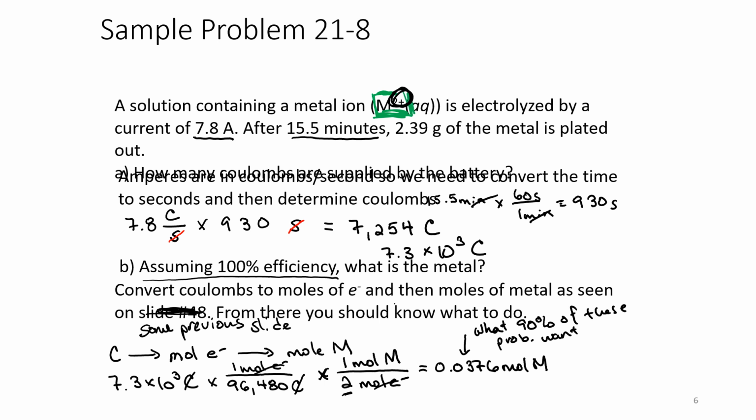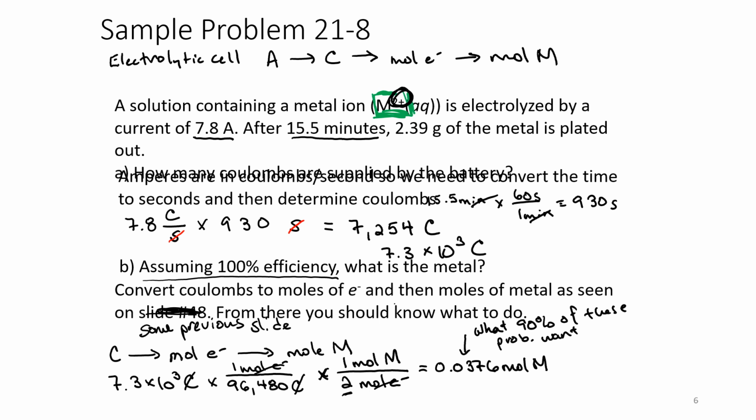All right, so when you have an electrolytic cell, what you're usually going to do is convert amperes to coulombs, to moles of electrons, to moles of metals, just like we did in these steps so far.